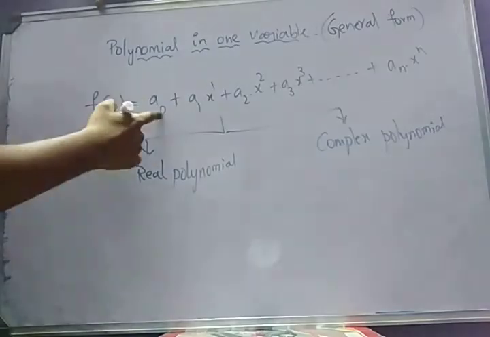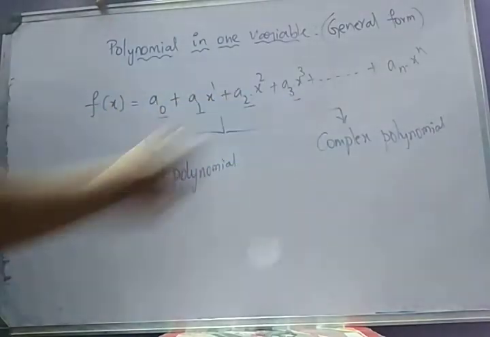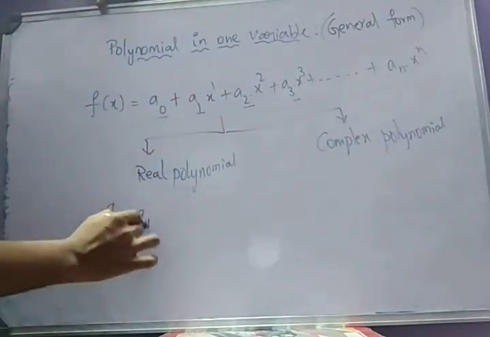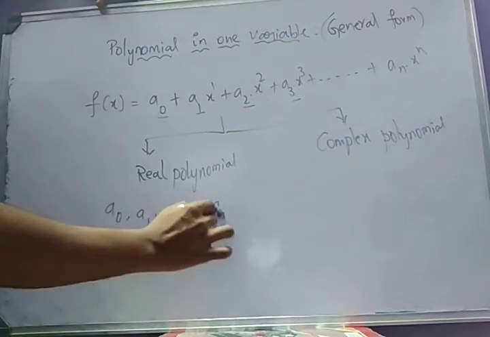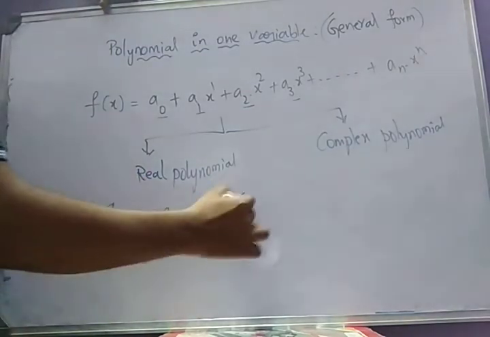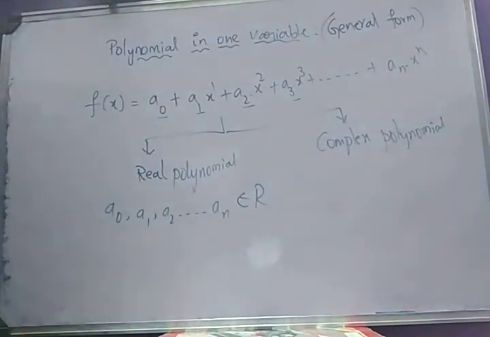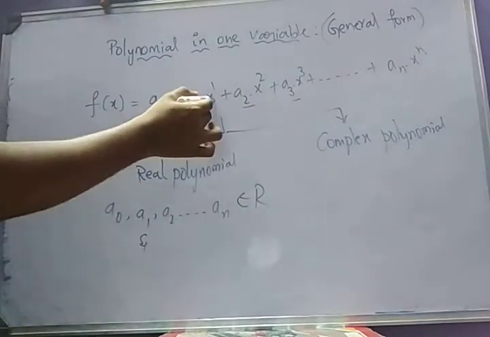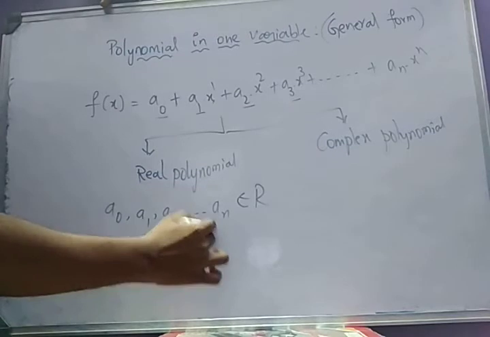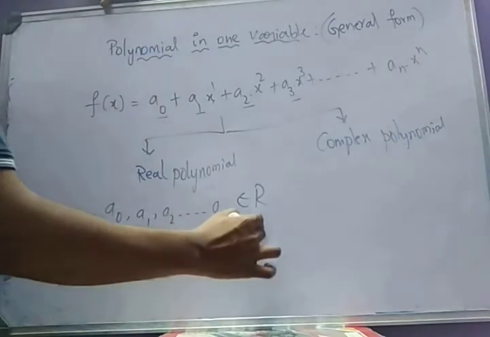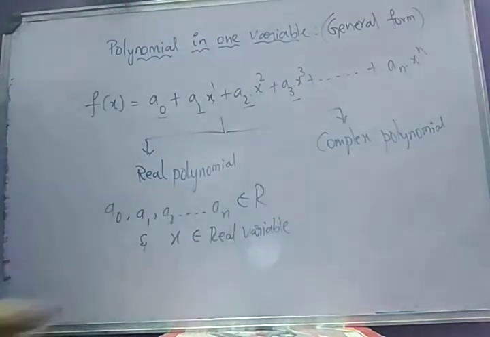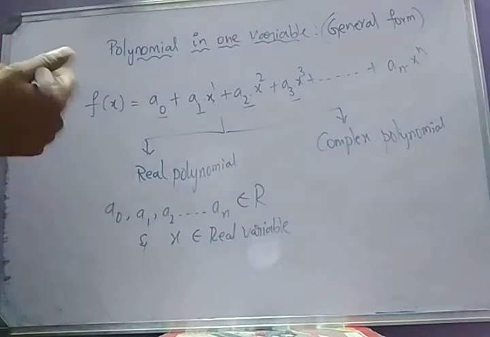So if the coefficients, these are the coefficients actually, if the coefficients a0, a1, a2 and so on an, if all these coefficients are real numbers, and at the same time the variable involved x is a real variable. That means this variable must accept only real numbers.